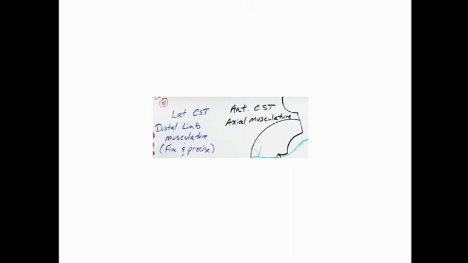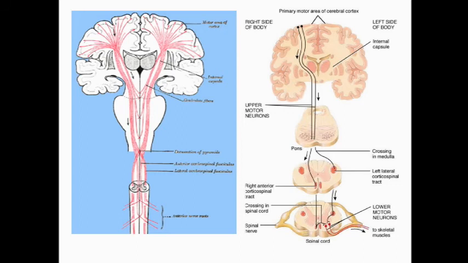So they are called axial musculature, which mainly supports your body, and they are anti-gravity muscles. And the lateral corticospinal tract mostly innervates the distal limbs or peripheral musculature, which is more important for fine activities and precise activities. Okay, so this is the functional division of the pyramidal tracts.